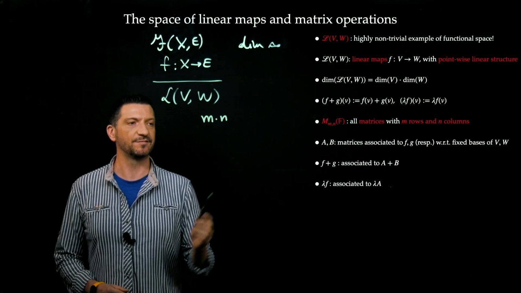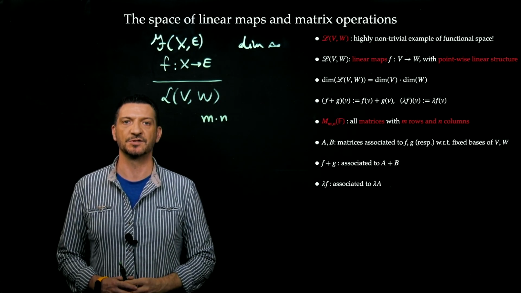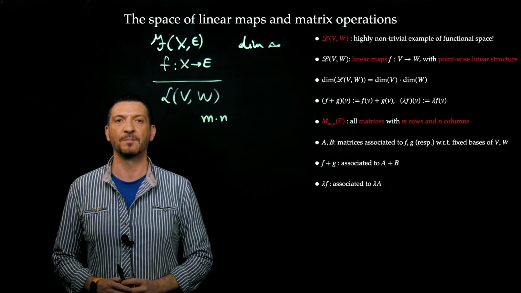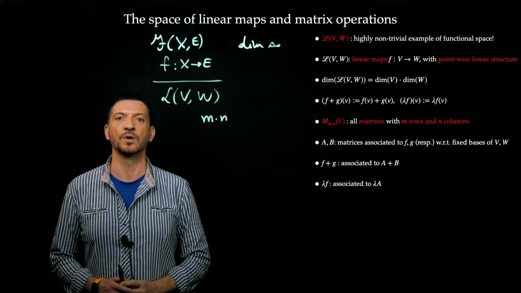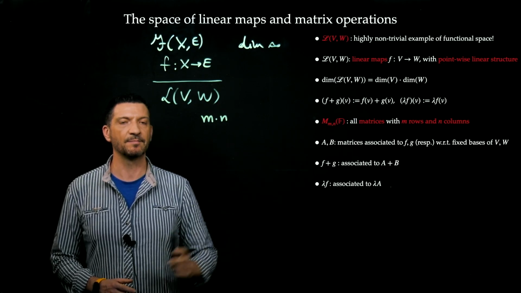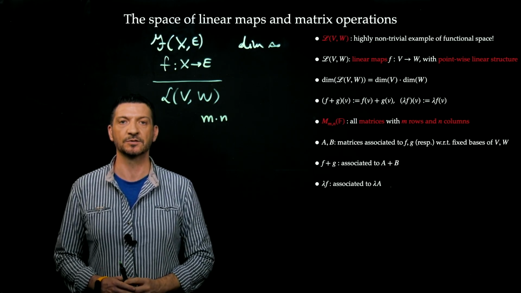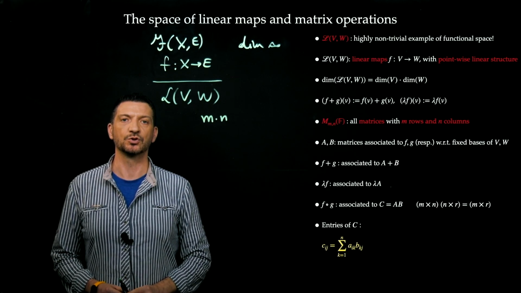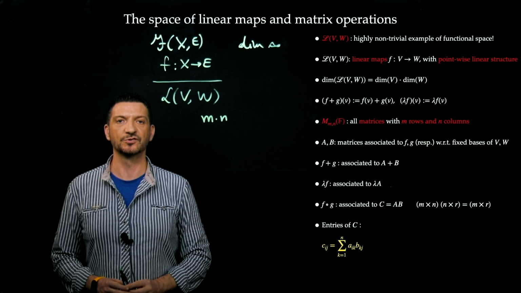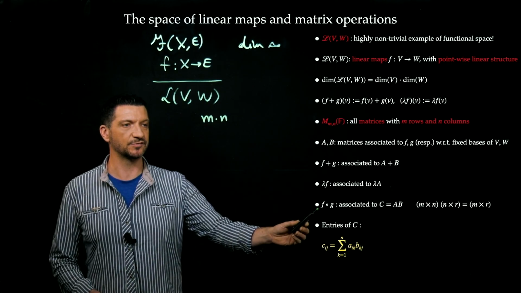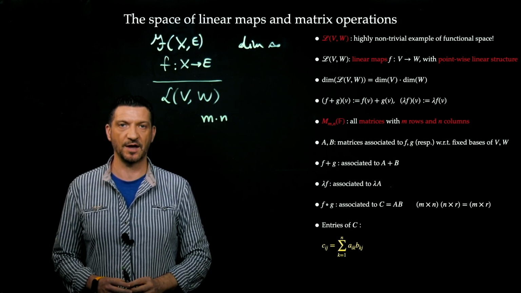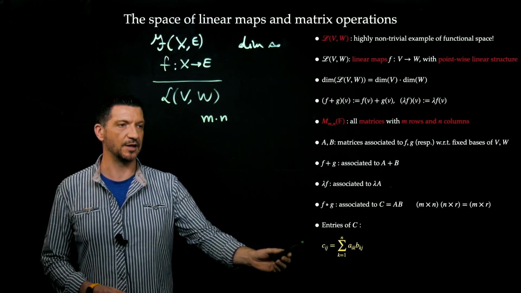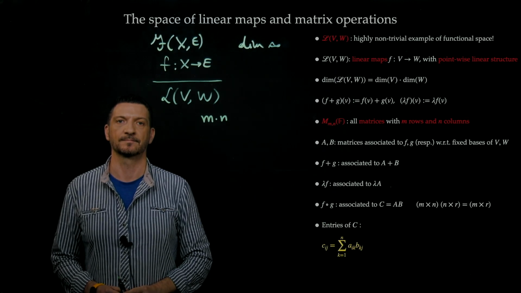In particular, if A and B are the matrices associated to the linear maps F and G, then F plus G is associated to A plus B, and lambda times F is associated to lambda times A. Remarkably, thanks to the definition of matrix product, we can also make sense of the matrix associated to the composition of F and G, which is the matrix product of A and B, whose entries are written here.